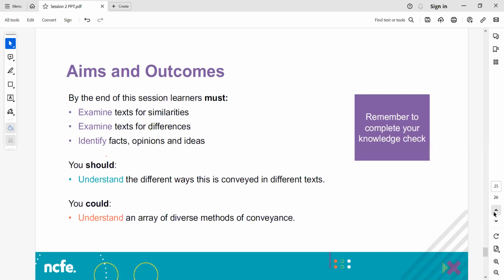Can anyone remember, rather than comparing the documents, what would it ask you to do if they wanted to know how they are different? Compare and contrast. Contrast, good. So it might ask you to do both, compare and contrast, so the same and different. It might ask you to contrast them, which is looking at how they are different.